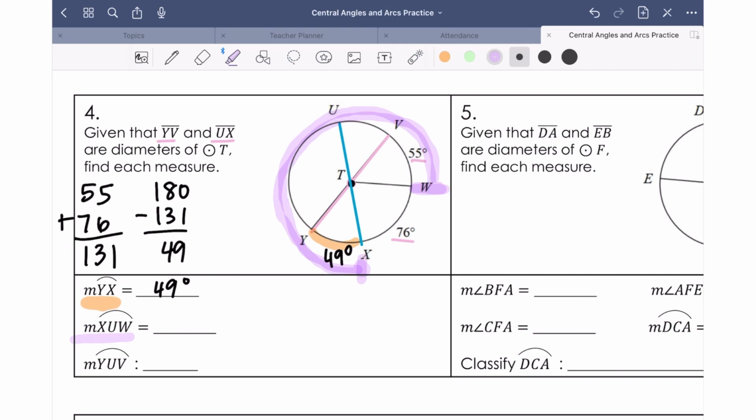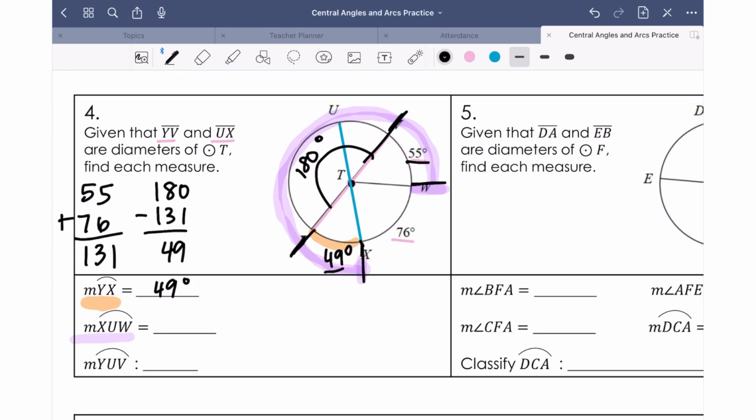So I know that this is 49. I know this is 55, 49, 55. And what is the measure from here to here? Because I already have these sections. If this is a diameter, then this whole thing is 180 degrees. So we have to add all of that together.